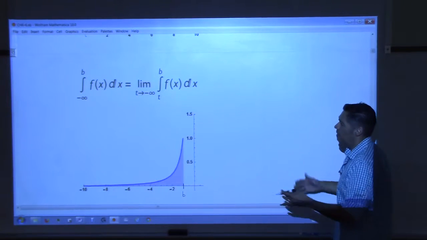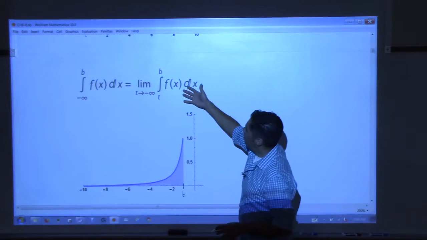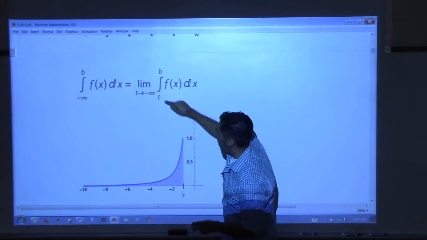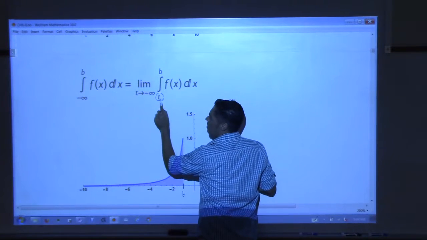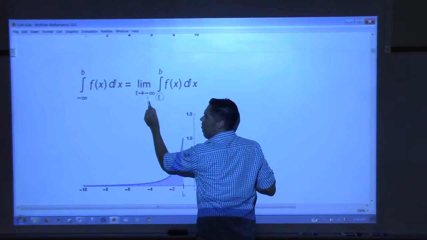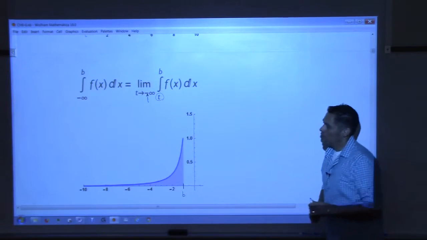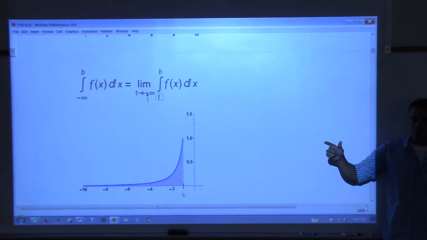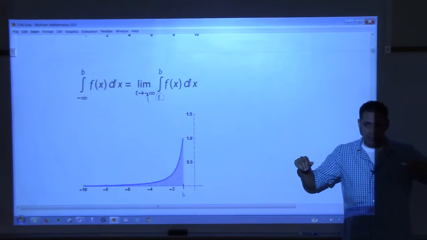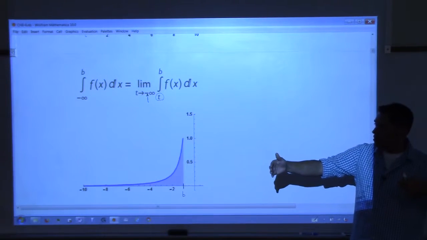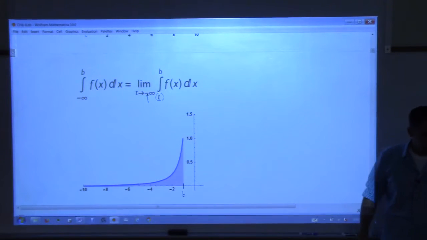Does it become infinite? Look how this changes. We leave the b alone, we replace the negative infinity with t, and then we take the limit as t goes to negative infinity. Y'all see that? So to do these improper integrals, type 1, infinite intervals, we have to be able to do limits.